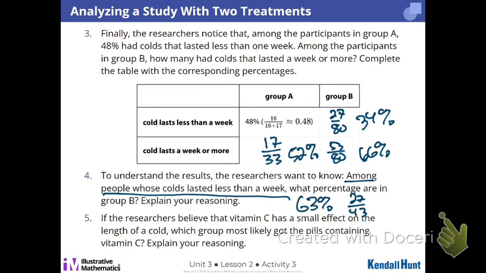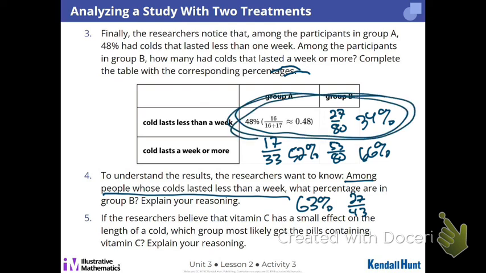Okay? So, if researchers believe that vitamin C has a small effect, which group most likely got the pills? Look right here.